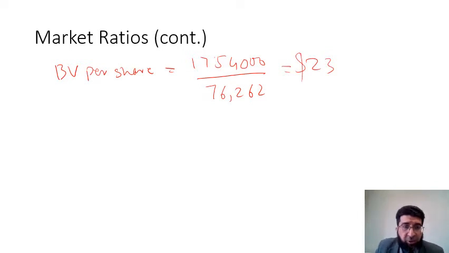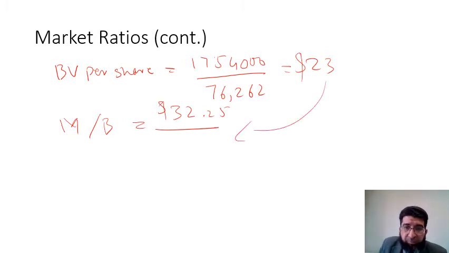Now, if we substitute in the market to book ratio, that gives us market price, if you remember, per share was $32.25, and this is the book value that we got, $23, and it comes out to be 1.4.